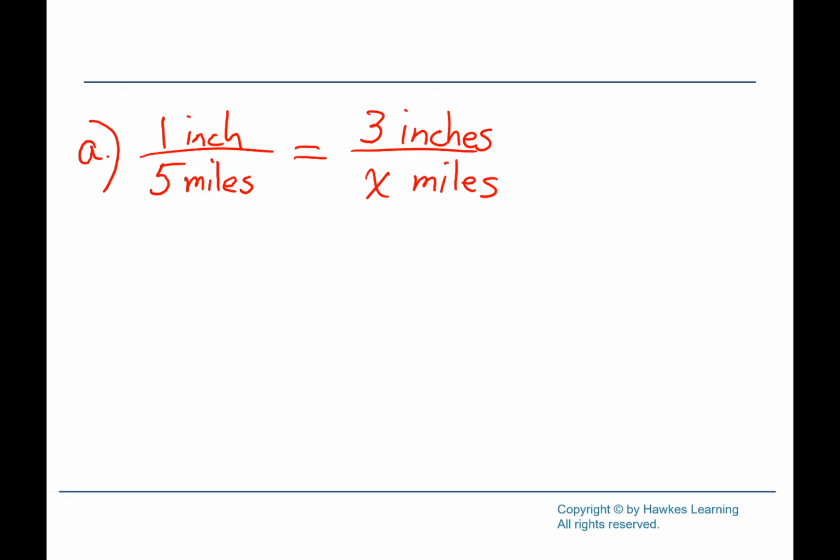Can you see it now? It's okay, we can do the equation, right? We cross multiply. We get x equals 3 times 5, which is 15. Multiply by 3.